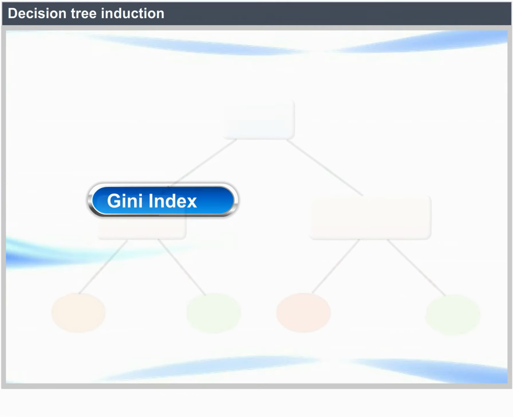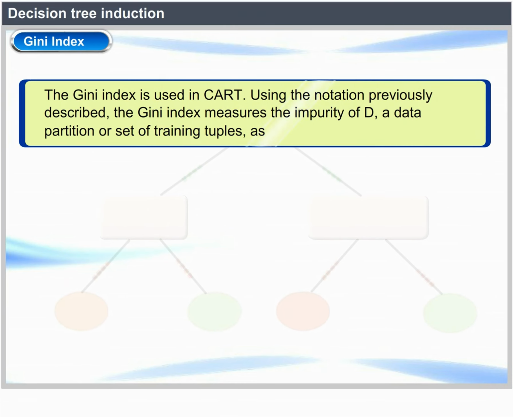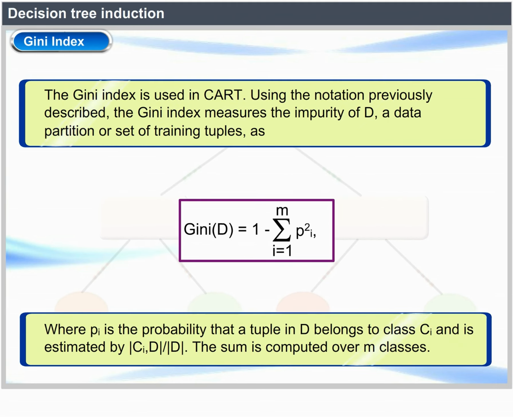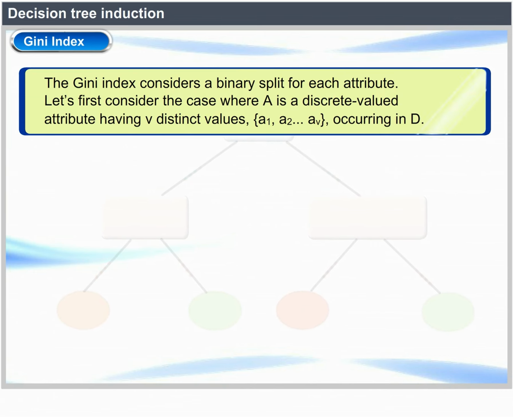Gini index. The Gini index is used in CART, C-A-R-T. Using the notation previously described, the Gini index measures the impurity of D, a data partition or set of training tuples, as Gini(D) equals 1 minus the summation of i equals 1 to m of pi squared, where pi is the probability that a tuple in D belongs to class Ci and is estimated by |Ci,D| divided by |D|. The sum is computed over m classes. The Gini index considers a binary split for each attribute.